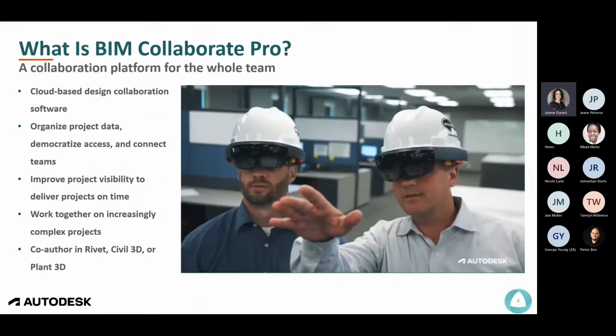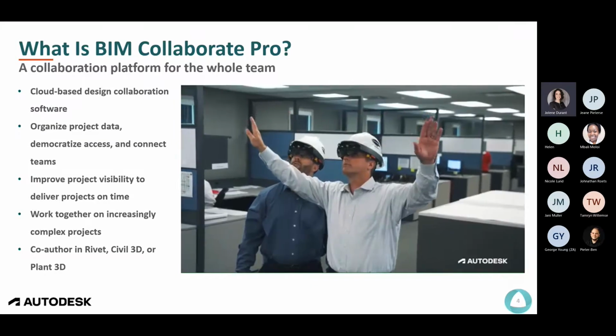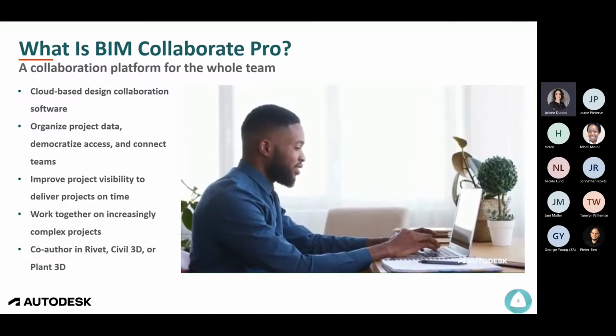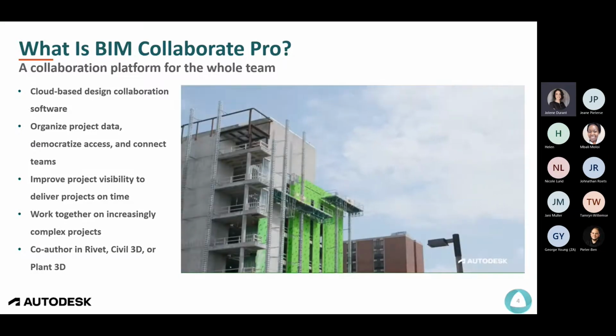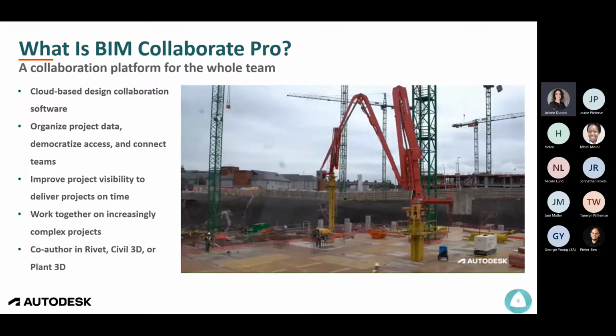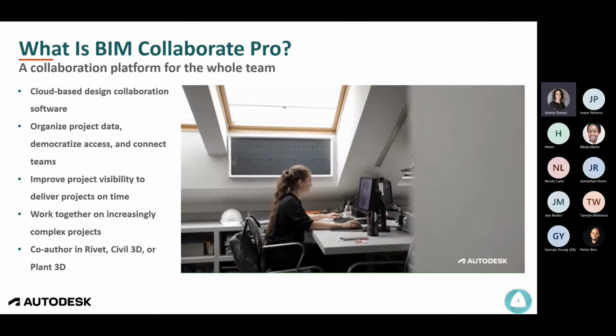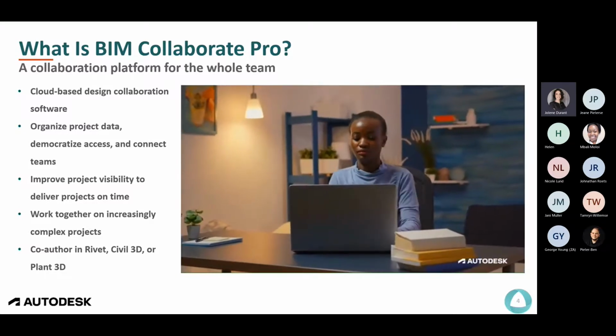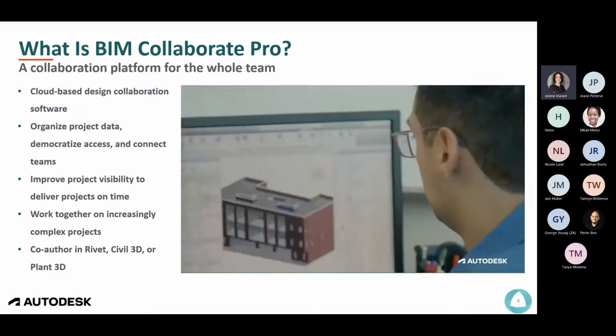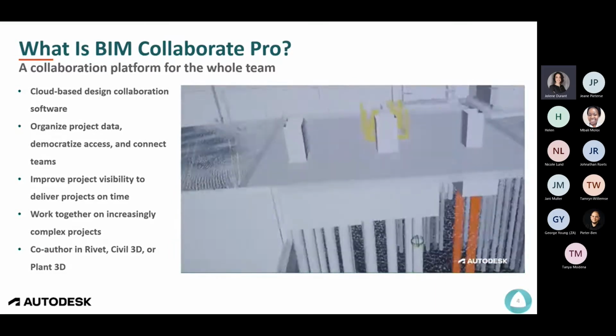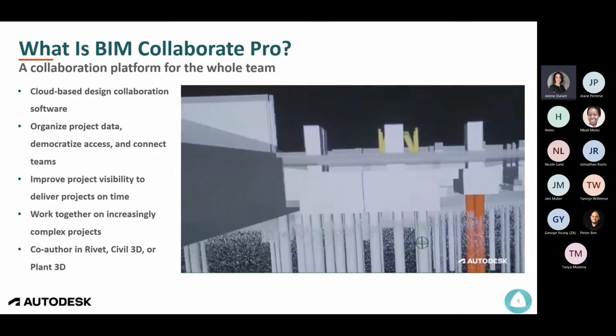Digital transformation is happening at an extraordinary pace, accelerated by the urgent move to remote work, and yet teams, processes, and data remain disconnected. So where do we start? We start with BIM Collaborate Pro, putting data at the center with cloud-based collaboration technologies.